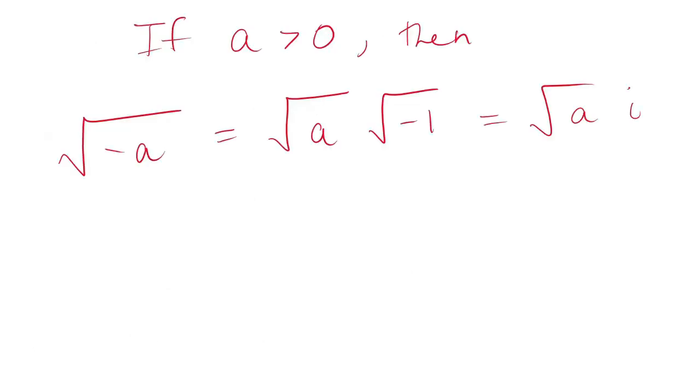So I've got a formal rule written here. I'm going to let a represent a positive number, a is greater than 0, and talk about how we can simplify the square root of the negation of a, which would be a negative number. If a is positive, then its negation is negative. We can rewrite the square root of the negation of a as the square root of a times the square root of -1.